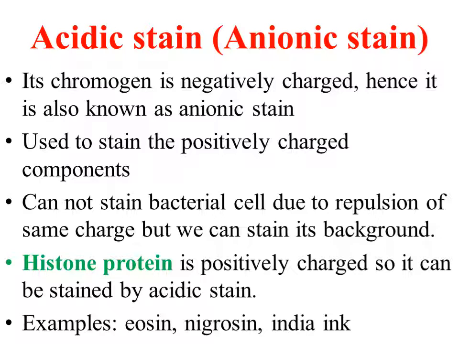Examples of acidic stains are eosin, nigrosin, and India ink. You would have observed that India ink and nigrosin are used to stain the background of the slide in capsule staining. That is because these acidic stains cannot be used to stain the bacterial cell. That is one point. And number two is that they will be dark in color.